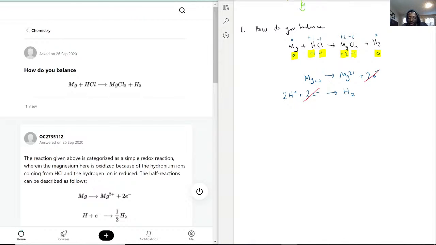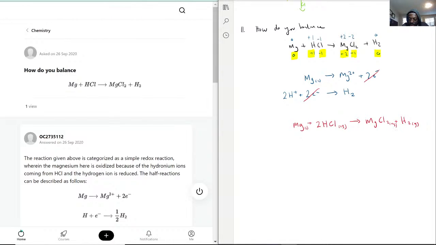So now we apply that to our equation here. We have magnesium plus, we need 2 H's, and it's attached to the chloride, so it'll be 2HCl, and then that would turn into MgCl2, as the question said, plus H2 gas.